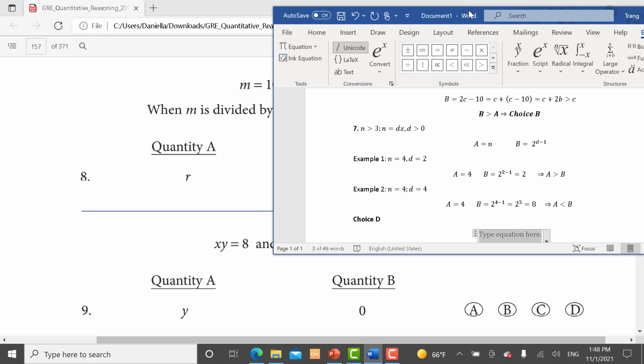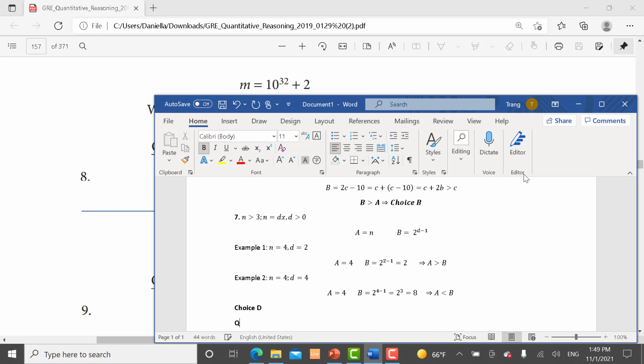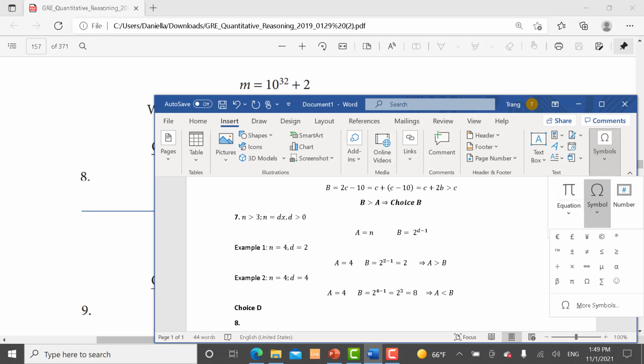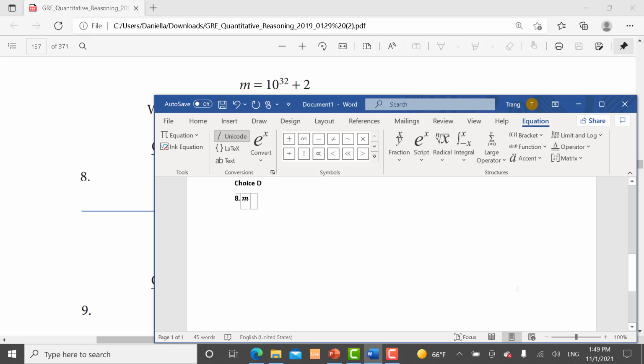First of all, we are given that, this is question number 8, m is equal to 10 to the 32 plus 2.